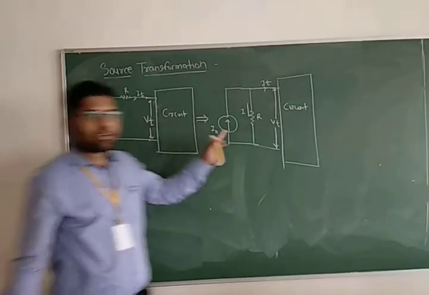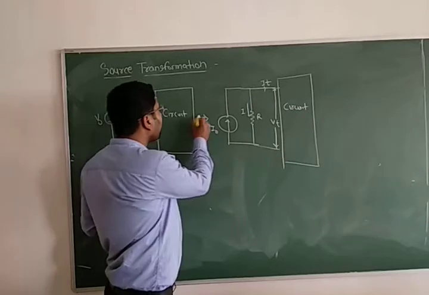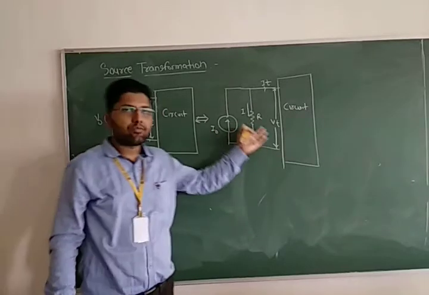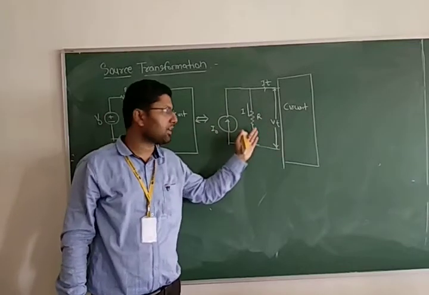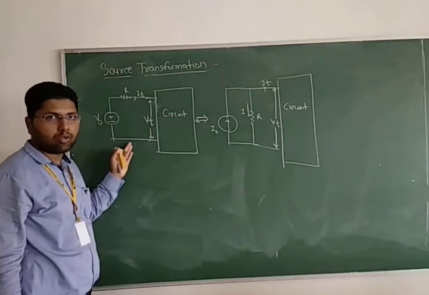That is the way you can convert from voltage source to current source, and vice versa. If they have given this circuit, you can convert it into the voltage source.